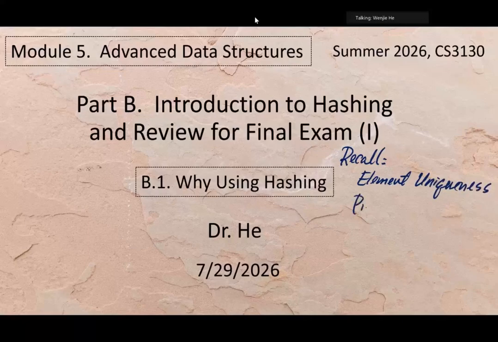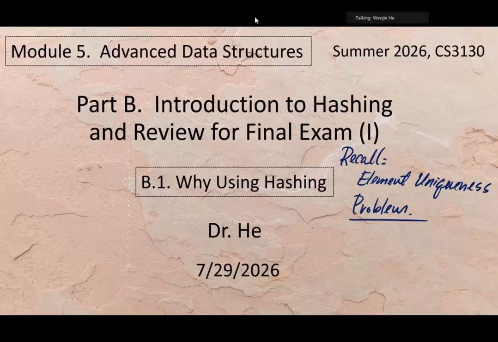Given an array containing arbitrary numbers, we need to run a function to check if the elements in that array are unique or not, if there are duplicates, if two of the elements are the same in that array.